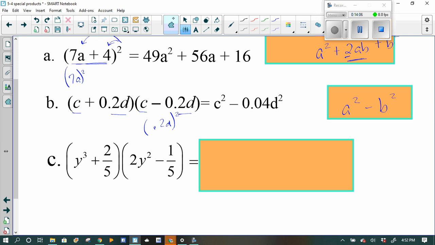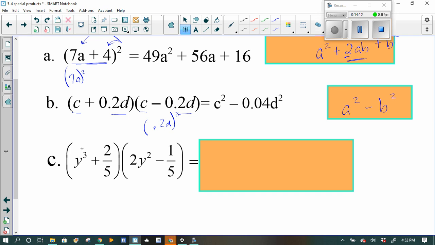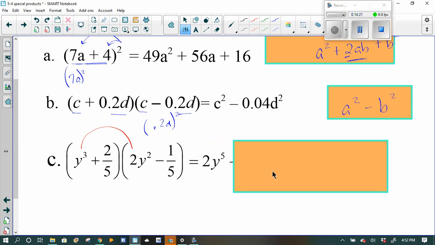This is going to be your FOIL method or your double distribute. So I'm going to go first times first. That's going to be 2y to the 5th, because 3 plus 2 is 5. So 2y to the 5th. And then the outside pieces, that's negative 1/5 y cubed.